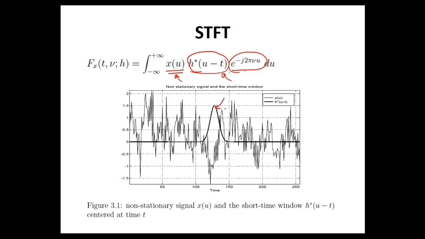This window is used for the calculation of the STFT. So in STFT, we take a window in the time domain, then take the signal components within that window, and then go for the Fourier transform.